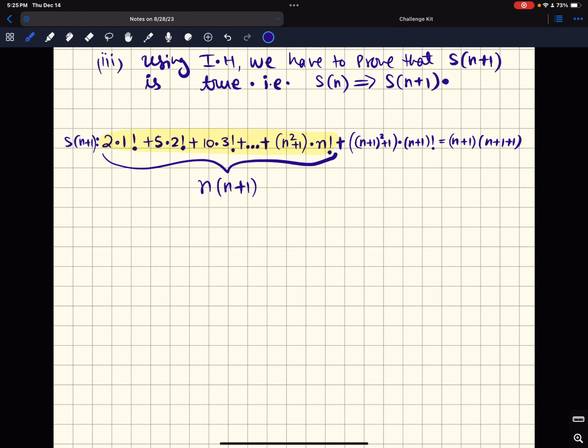So we got what? n times n plus 1 plus n plus 1 squared plus 1 times n plus 1 factorial is equal to n plus 1 n plus 2, right?